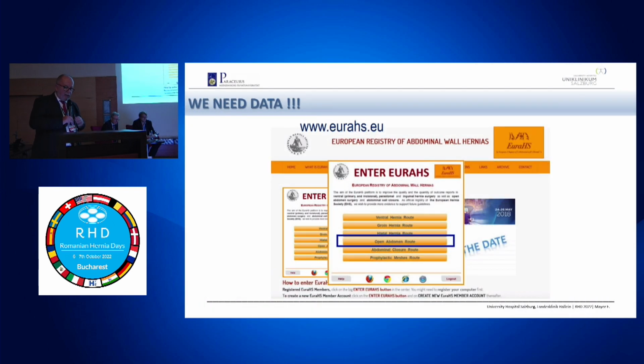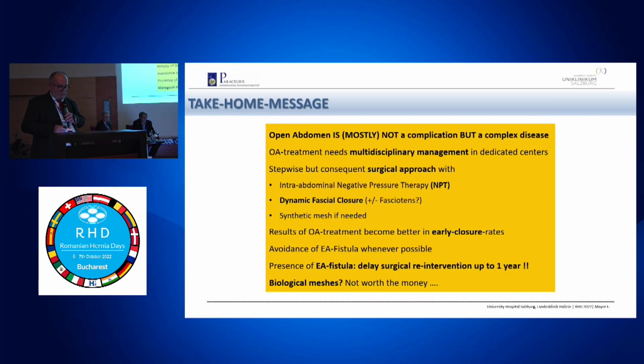What I need to say very clearly is that we need data, and probably it's a good idea for everybody of us to bring in our data into the EuroHIS registry with the open abdomen chapter to create new evidence on this really dramatic disease.